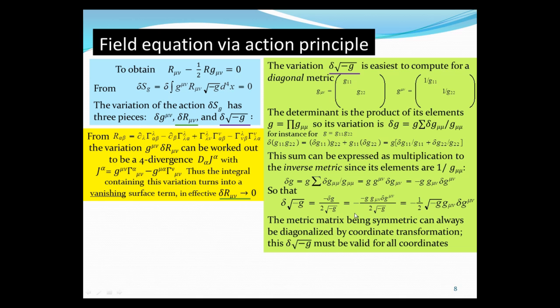Now, metric matrices are symmetric, so you can always diagonalize them by coordinate transformations. Even though we derived this for a diagonal metric, it's true in general, because any metric can be diagonalized by similarity transformations.